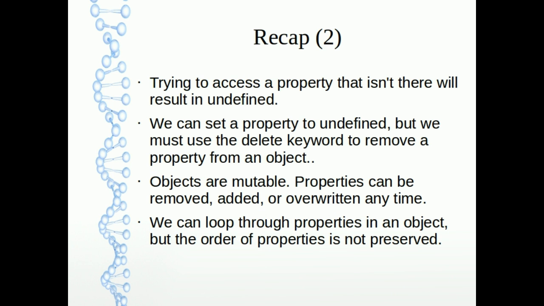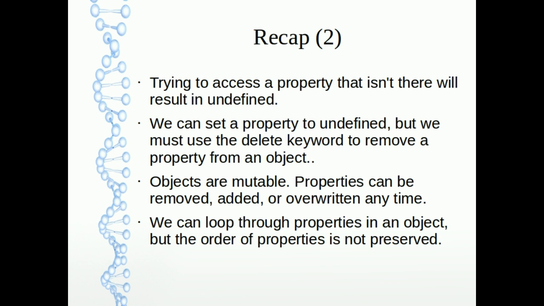We can set a property to undefined, but we must use the delete keyword to remove a property from an object. Objects are mutable. Properties can be removed, added, or overwritten at any time. We can loop through properties in an object, but the order of properties is not significant or preserved. Where order is significant, we should use arrays.